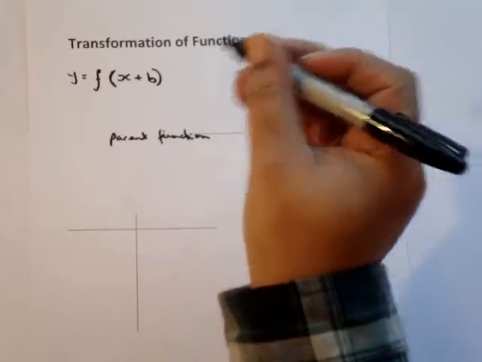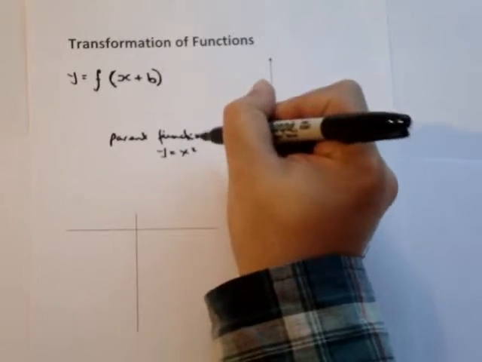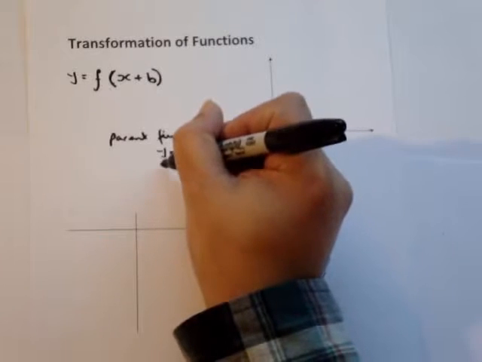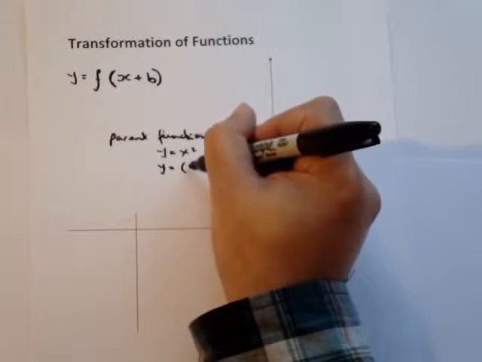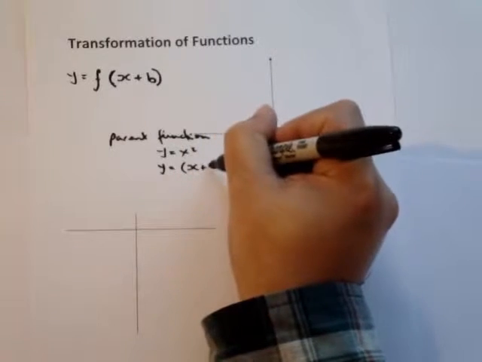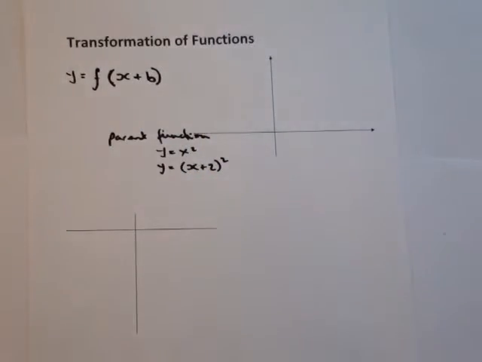We have the parent function y equals x squared, and we have our transformed function y equals, in brackets, x plus 2, where b equals 2, all squared.